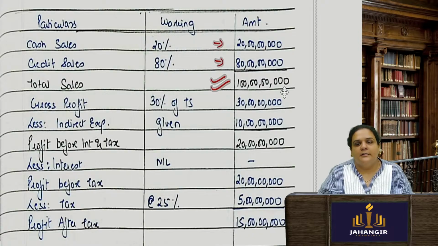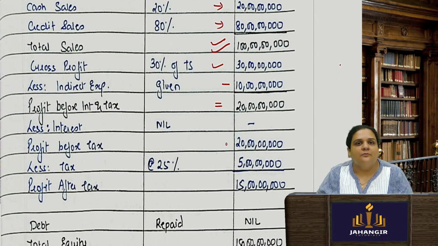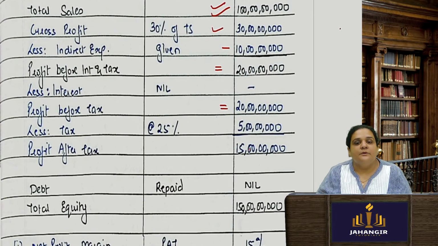Gross profit 30% of the total sales, 30 CR. Less indirect expenses. Net profit before interest and tax. Interest will be nil now because we have paid the loan on the first day. So profit before tax and profit before interest and tax are the same, 20 CR. Tax will be 25%, which is 5 crores.